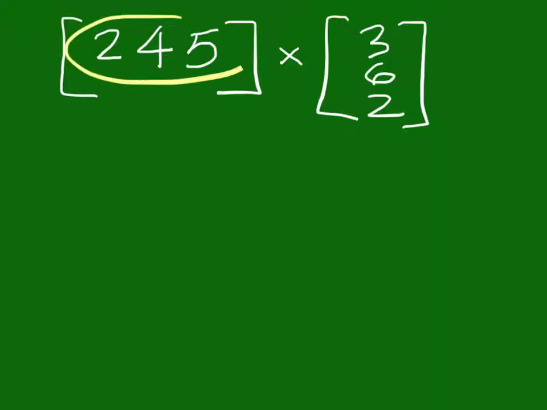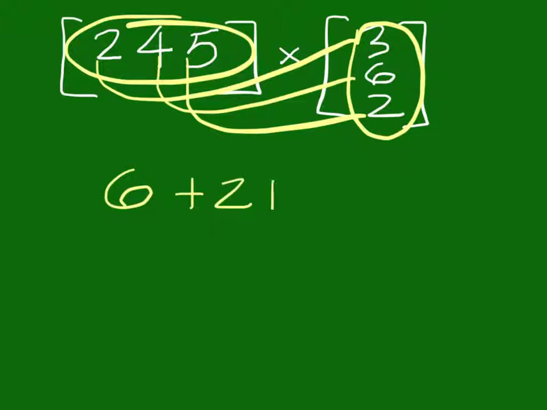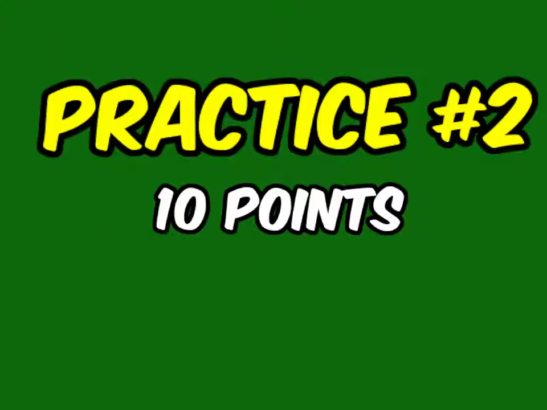Now, if you're going to do row 1, column 1, then it's going to go like this. 2 times 3, 4 times 6, and 5 times 2, which would be 6 plus 24 plus 10. That's a 30 plus 10, which means you have a 1 by 1 answer matrix which has 40 in it. Multiply these together, bring it up.